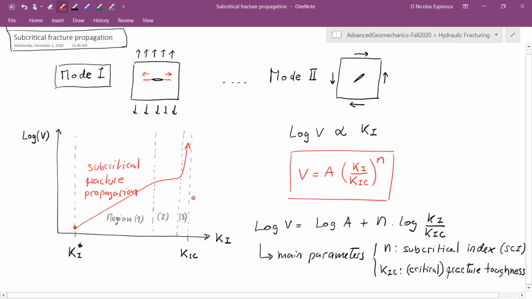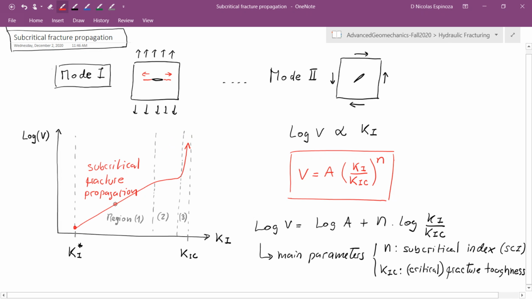And the maximum value possible is going to be the fracture toughness, KIC. And that's why we call it a critical value of the stress intensity factor, because that's the value at which a fracture will propagate at a very large velocity.